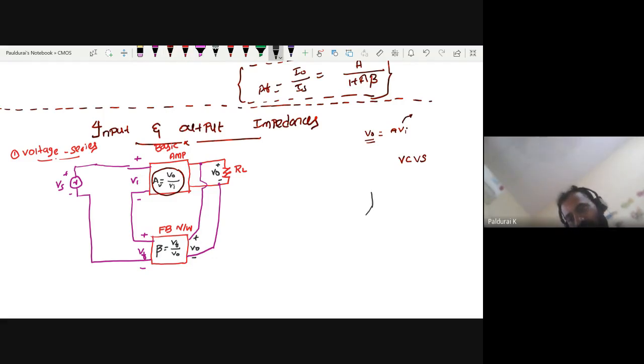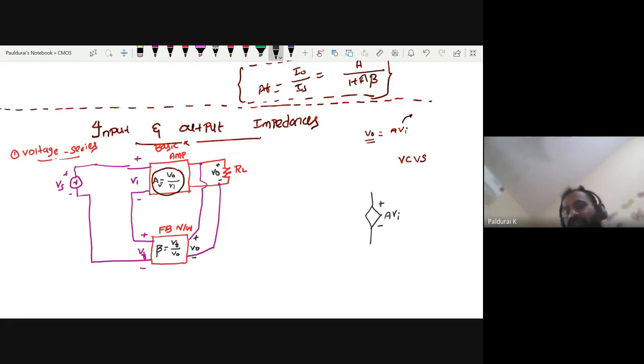We have a voltage controlled voltage source. The diamond symbol represents a dependent source, plus and minus is a voltage source. The value is A times Vi, where Vi is the input voltage. I will explain what Vi is later, but for now I am concentrating on the output side.